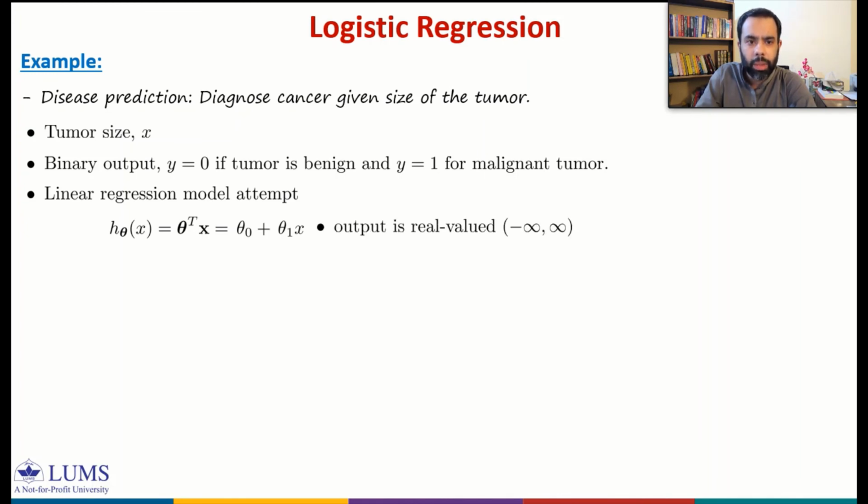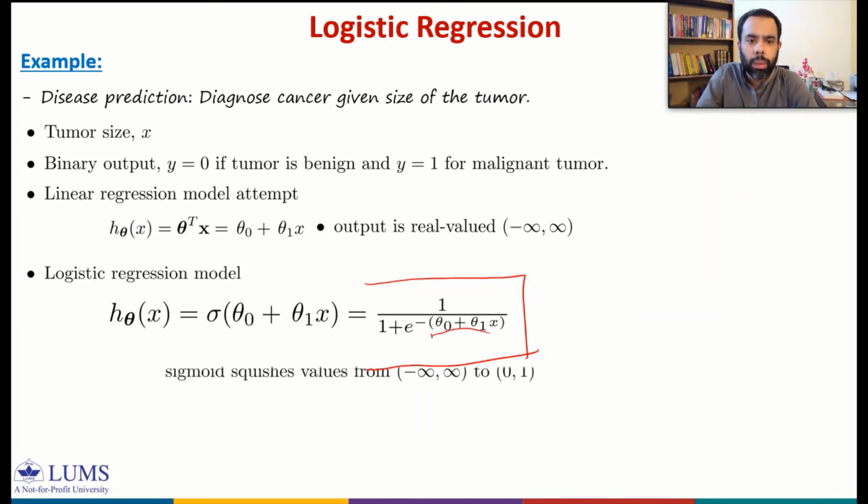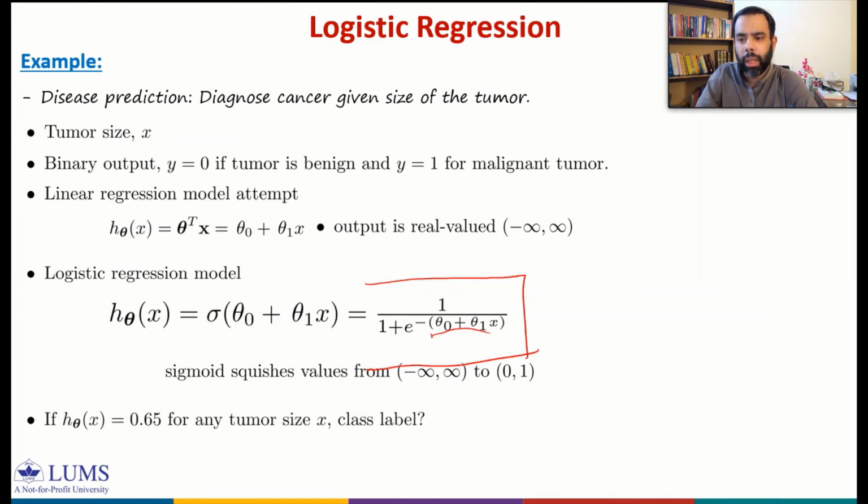To squish the value between 0 and 1, we pass this linear model through a sigmoid, and what we get is 1 over 1 plus exponent of negative the linear model. So it squishes values from minus infinity to infinity into 0 and 1, right? If we have this regression model, and for any input x you're given that h theta of x is 0.65 for some tumor size x, how would you assign a class label to this x?